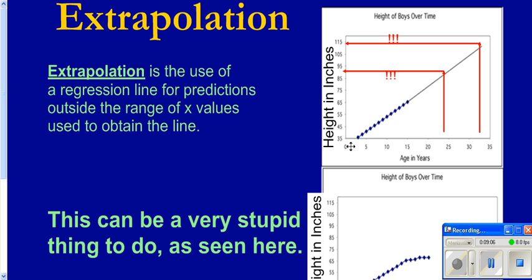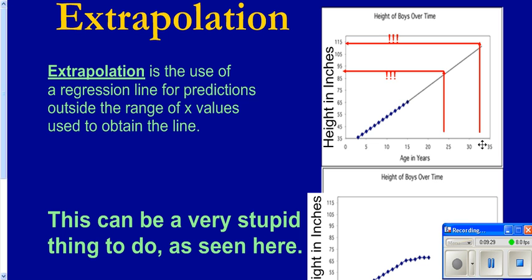When you are comparing the age of boys from about 3 through 17 to their height in inches, on average it looks like this here. It's fairly linear. Now, you may want to ask, what would be the predicted value at age 24 or at age 33?